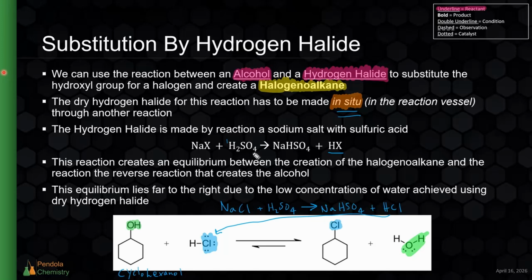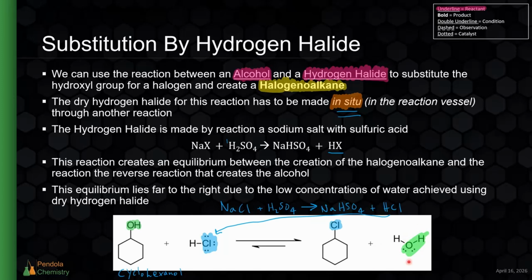We saw earlier how a halogenalkane can be used to create an alcohol when reacted with water. So depending on the conditions that we use, this equilibrium reaction could lie further to the right, creating the halogenalkane, or lie further to the left, creating the alcohol. We will have this reaction lie farther to the right if we use low concentrations of water.